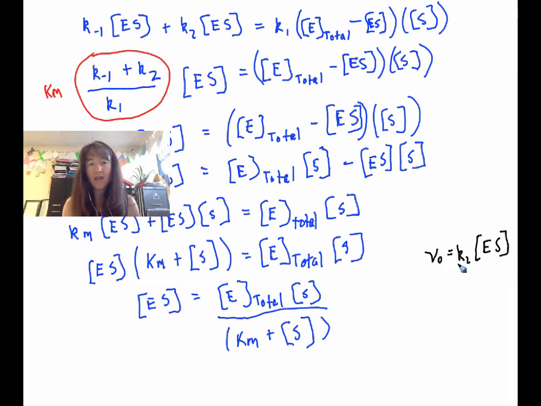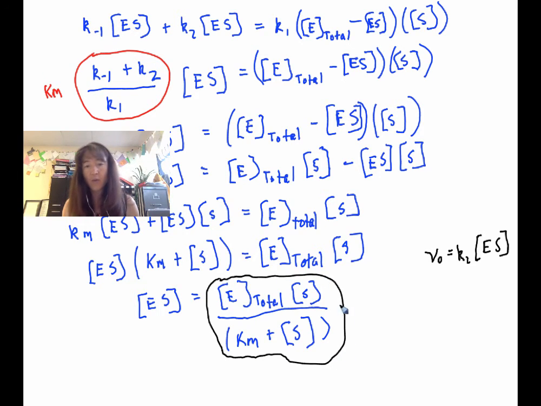So if we notice that, we actually could take this enzyme substrate concentration and literally plug, so we know that this enzyme substrate concentration is equal to this entire compilation of terms over on this side of the equation. So if we take this whole thing and we plug it in here, then we're getting a new and fun equation, okay?